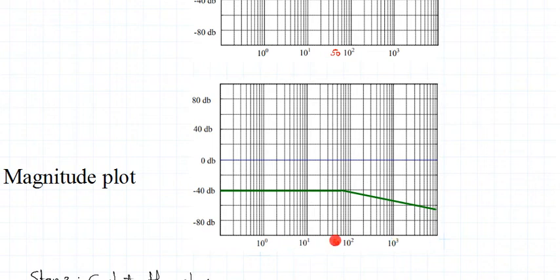So where is 50? 50 would be definitely between 10 and 100. Each line is of 10 units. If this is the first line at 10, the second line would be 20, 30, 40 and 50. So the fifth line would be 50. So up to 50, the magnitude is minus 40 dB.